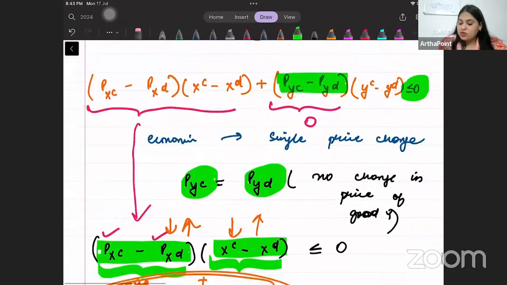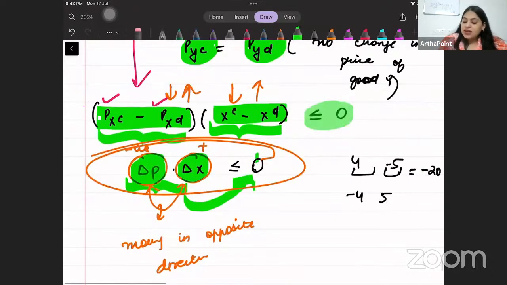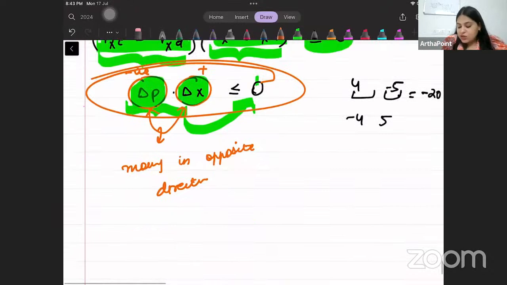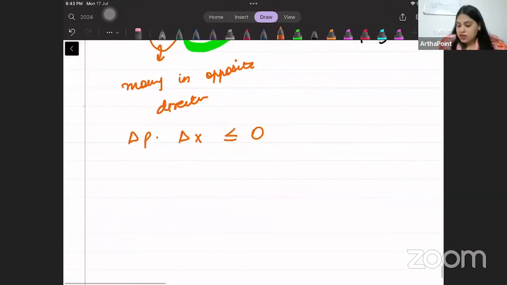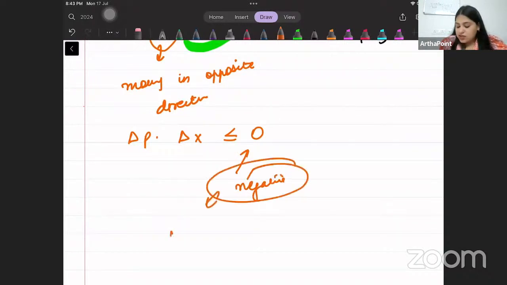So the change in prices into change in demand is less than or equal to 0. The product of two things is negative only when they have opposite sign.